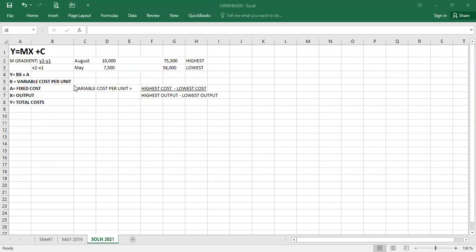Okay, we are saying that the variable cost per unit, we shall get the highest activity, then we'll less the lowest activity. You can just find it from here. It will be this 10,000 minus the 7,500.